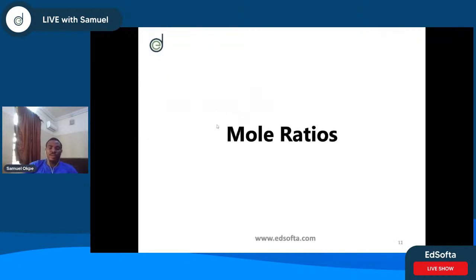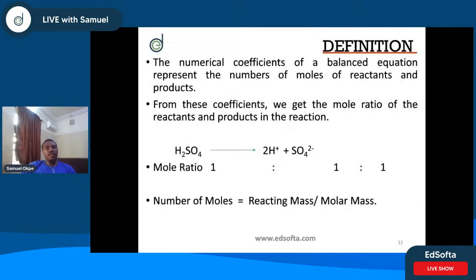So, mole ratios. This topic is similar to the last topic. Like I said, the reason for the last topic was just for us to understand that we need a balanced equation.